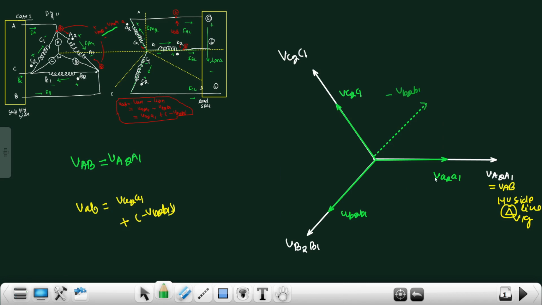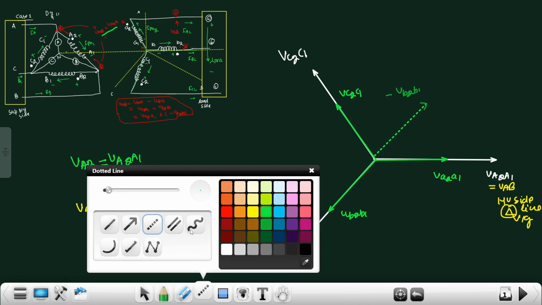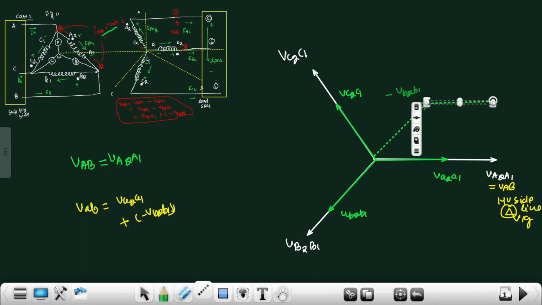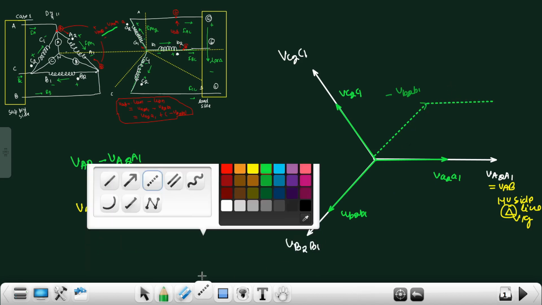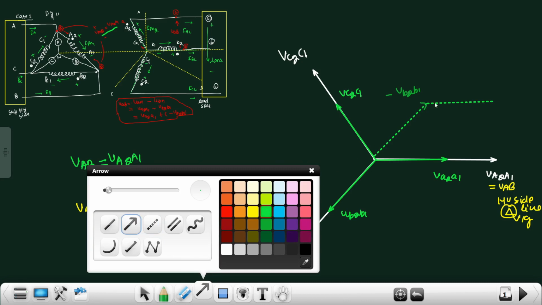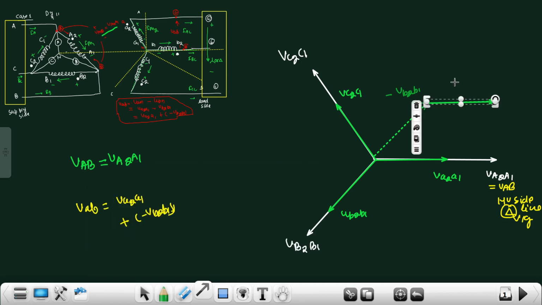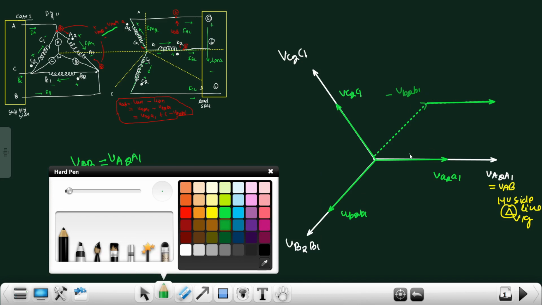So if I add this VA2A1 to this, we will get VAB. So I am adding this VA2A1. This is parallel to this.